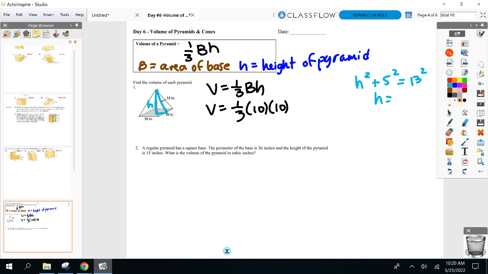What'd you get for the height? 12, good work. Let's plug it in and find the volume. 400 cubic inches. Remember, we're in cubic inches.